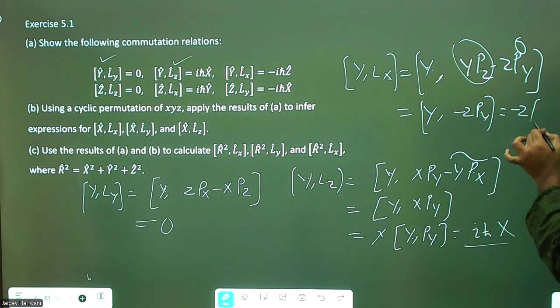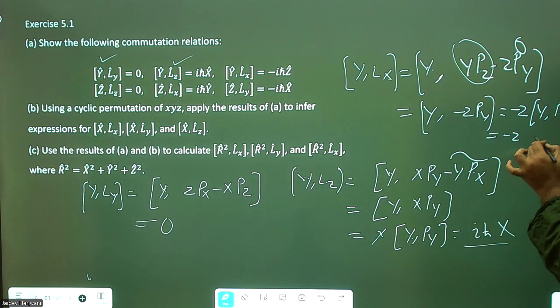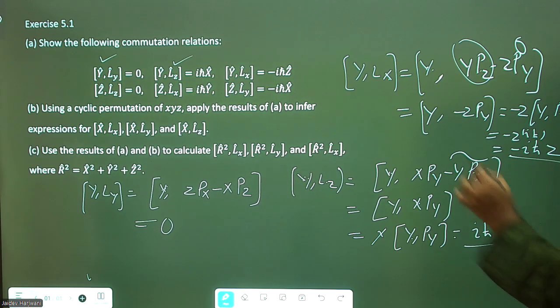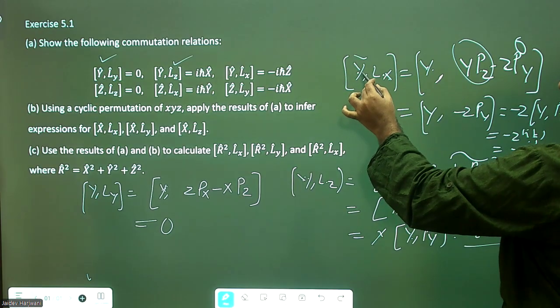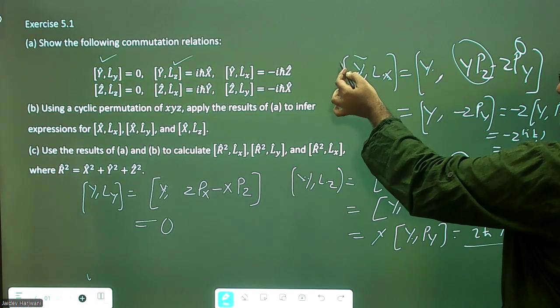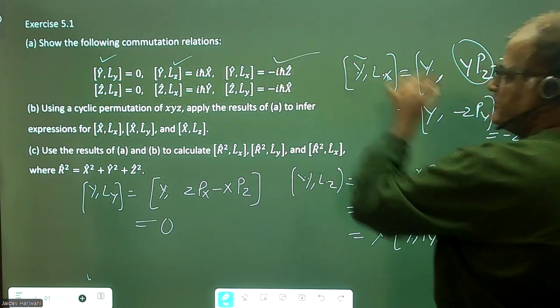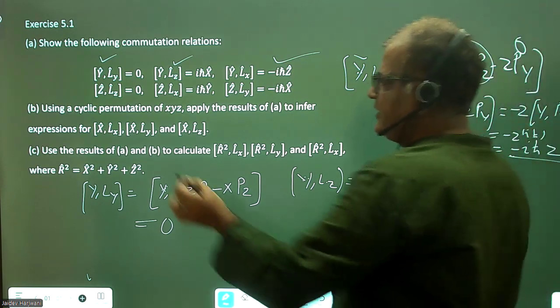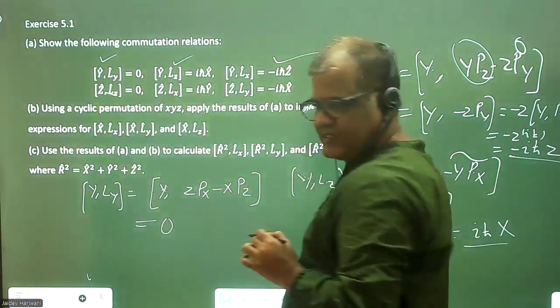So we only have to check y, py, and minus z times y, py is iota h cut. So this becomes minus iota h cut z. So y, Lx gives z, with cyclic sign. y, x is in reverse order, so minus will come. Similarly, y, Ly is 0, z, Lz is 0, x, Lx is also 0.